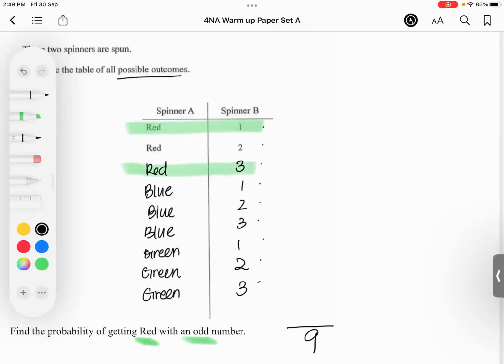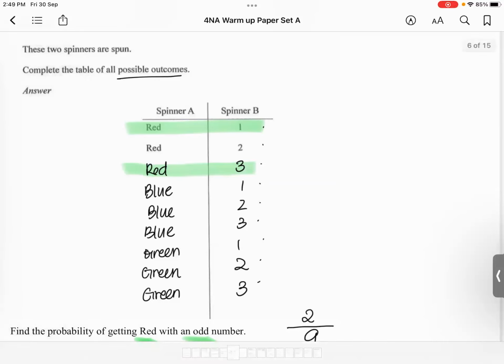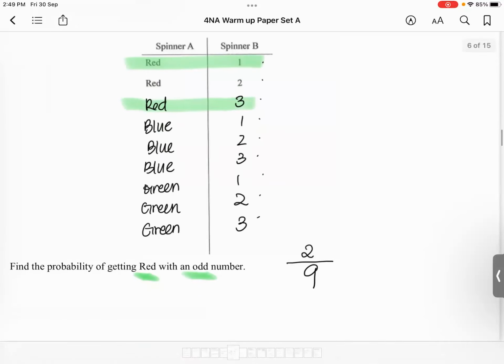There are only 2 such cases, so the probability is 2/9. So when you have a possibility table, do not count part by part, these times these, or this plus this. Just count the total cases, then count the cases that are favorable to you.